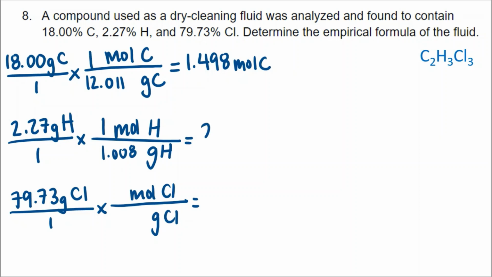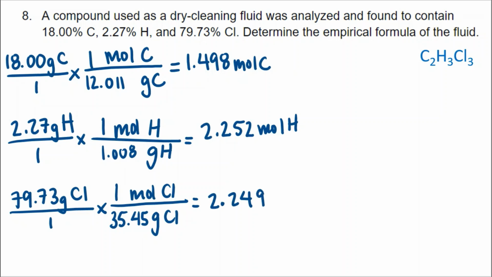And this gives me 2.252 moles of hydrogen. And for this last one, I need the molar mass of chlorine. So 1 mole of chlorine is 35.45 grams. So whenever I solve that, I get 2.249 moles.